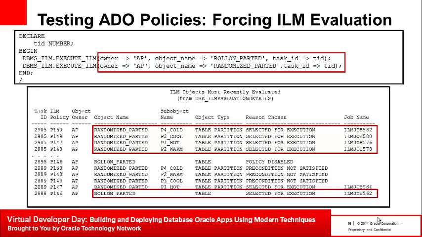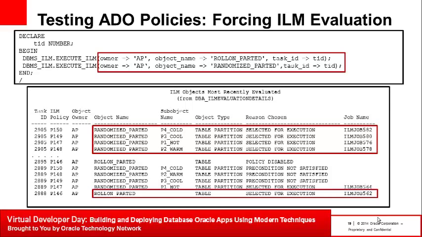You can see after I've executed this over a period of time that finally, on the very bottom of the page, the roll-on parted policy was inaugurated. Notice the job number there in the very bottom right-hand corner, ILM job 562. This is ILM, Information Lifecycle Manager, saying, aha, I see that there is a reason to implement a policy.